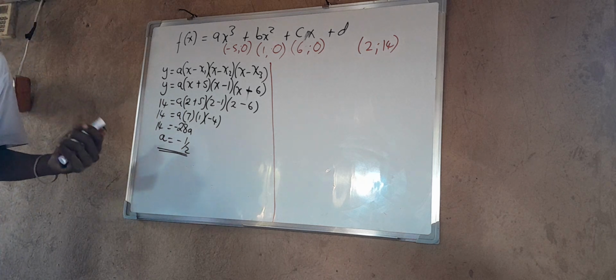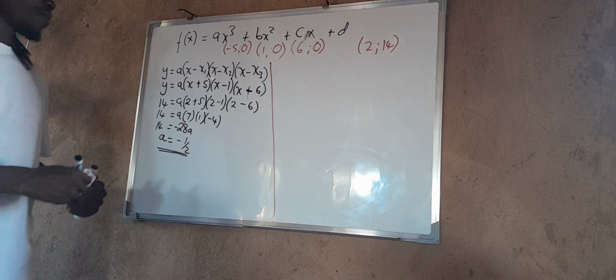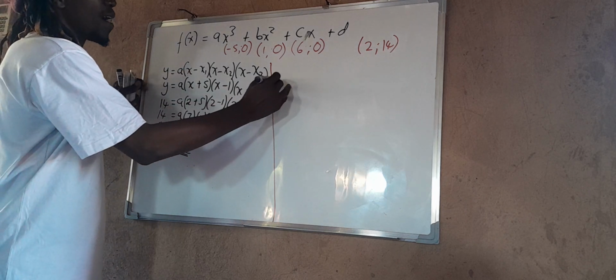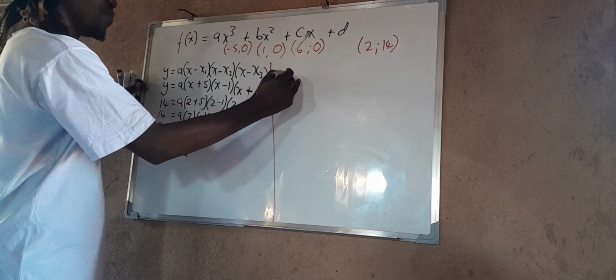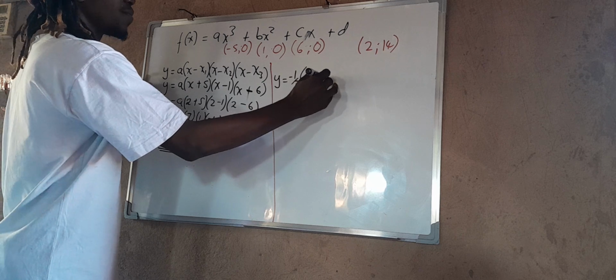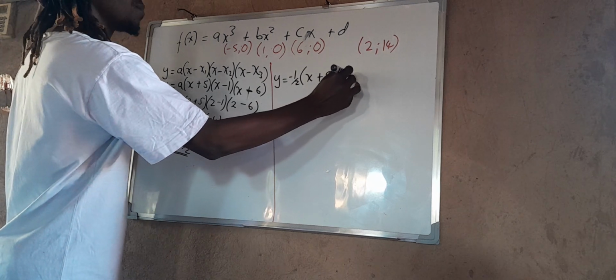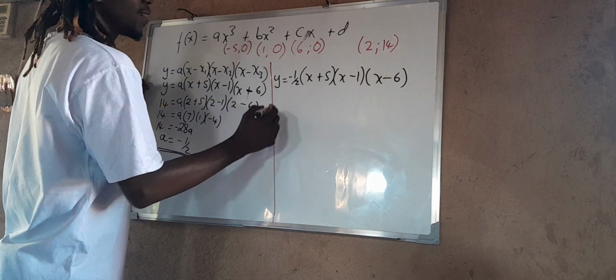So it means that we can substitute that and multiply out our equation, right? So this becomes y is equal to, our a we already have, which is negative half, right? So this is (x plus 5)(x minus 1), and then (x minus 6), right?